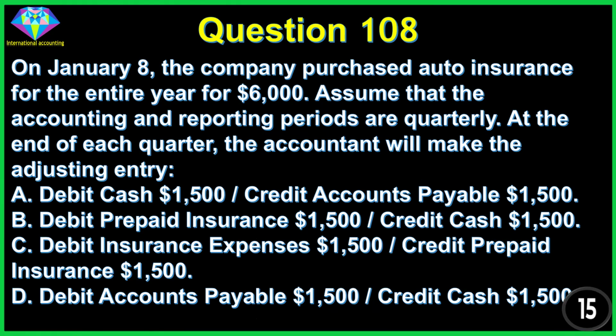B. Debit prepaid insurance $1,500 per credit cash $1,500. C. Debit insurance expenses $1,500 per credit prepaid insurance $1,500. D. Debit accounts payable $1,500 per credit cash $1,500.